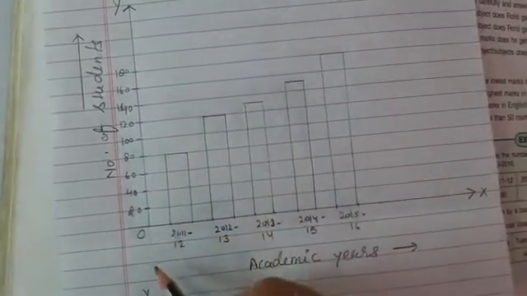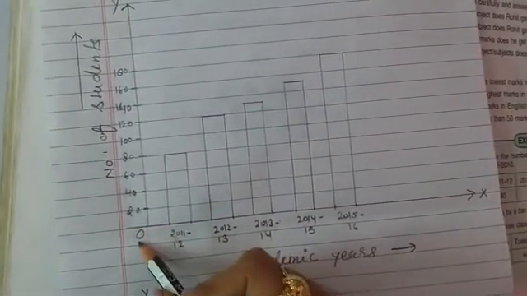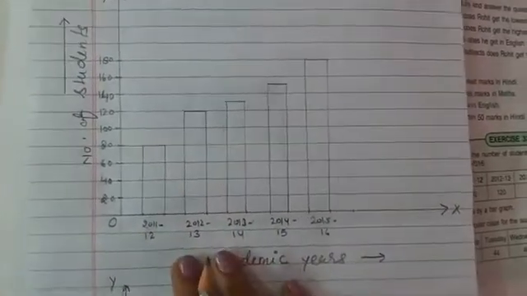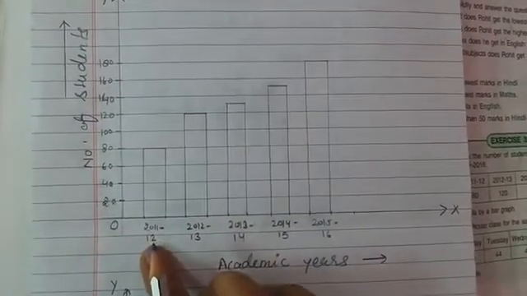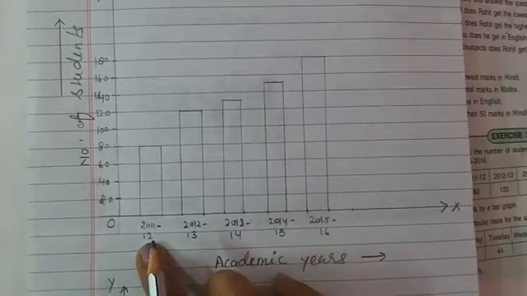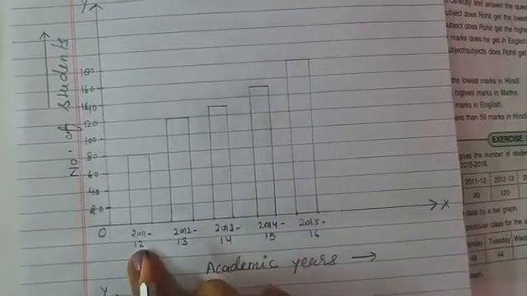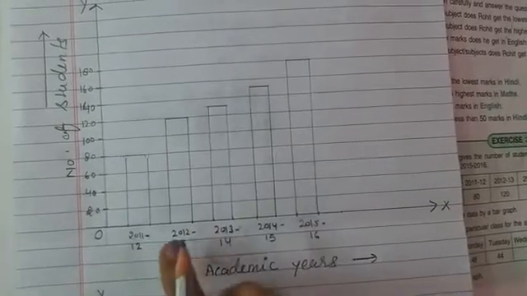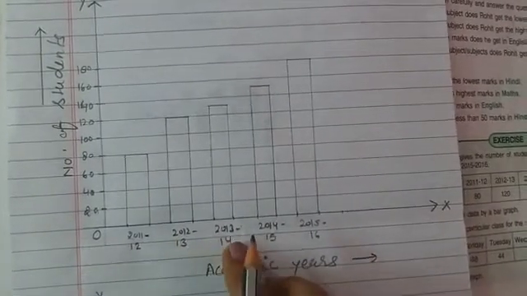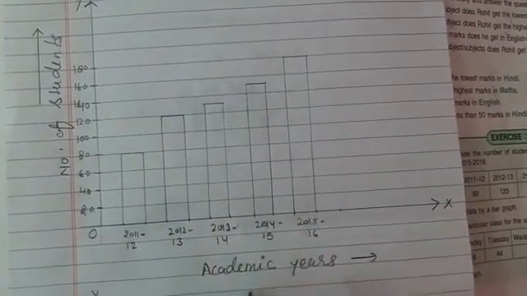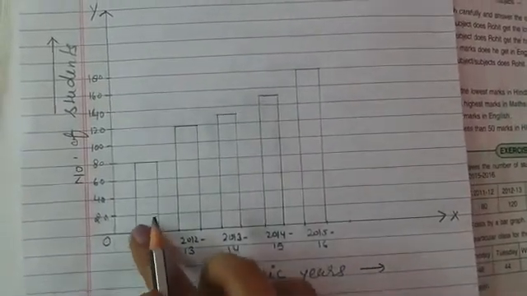Okay. And at the point of intersection, we will write the 0. Okay. Now, at a distance of 1 centimeter, we will write the years 2011-12, 2012-13. Like this, we will write the academic years. Okay. Here. Now, let us see.